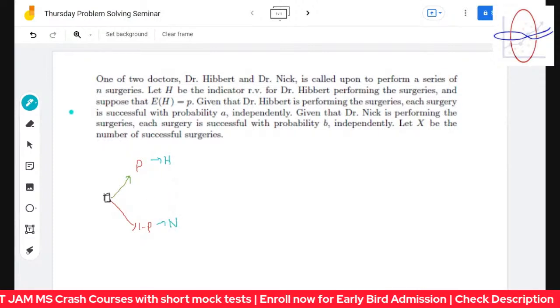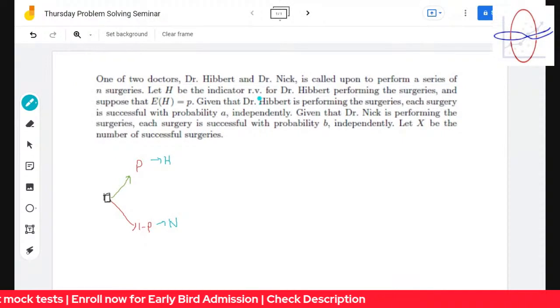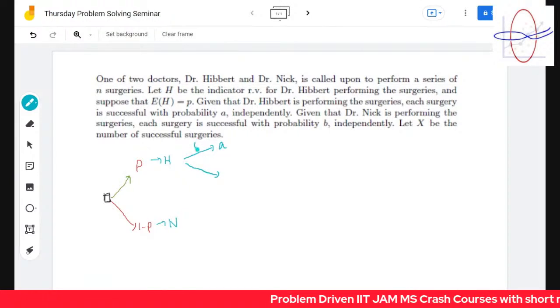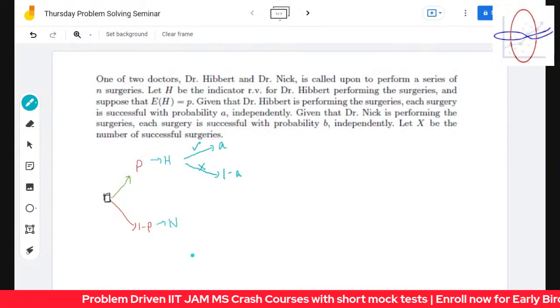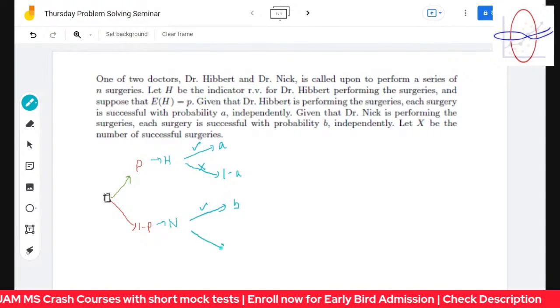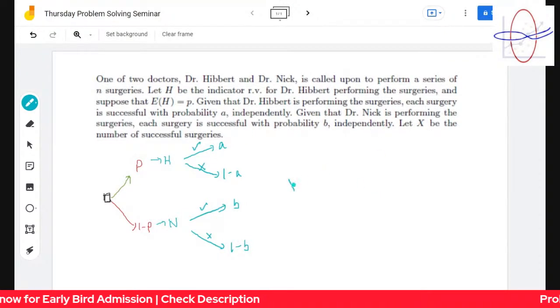Okay, and given that Dr. Hibbert is performing, the surgery is successful with probability A. Successful, and like you can give a right and a cross with probability 1 minus A. Here also it's successful with probability B, and here it's not successful with probability 1 minus B. It's telling that X is the number of successful surgeries.